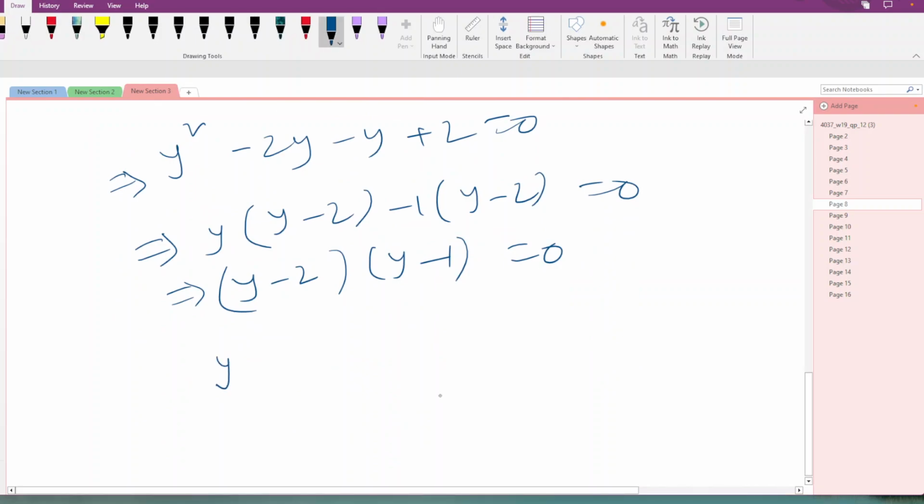Therefore y equals to 2 or y equals to 1.